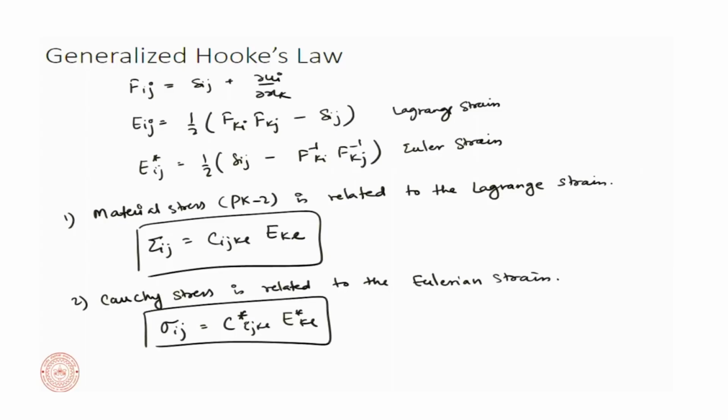Okay. So, if you want to make this transformation between C to C star, we know that sigma ij, that is our Cauchy stress, is related to the material stress, that is the Piola-Kirchhoff stress, as 1 by J of F ik sigma KL F of JL. Okay. So, we can then substitute sigma by this term, replace the terms into this tensor, and do some algebra.